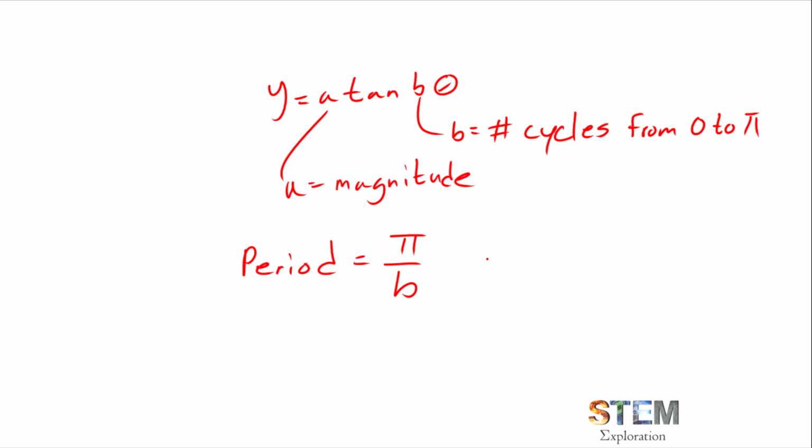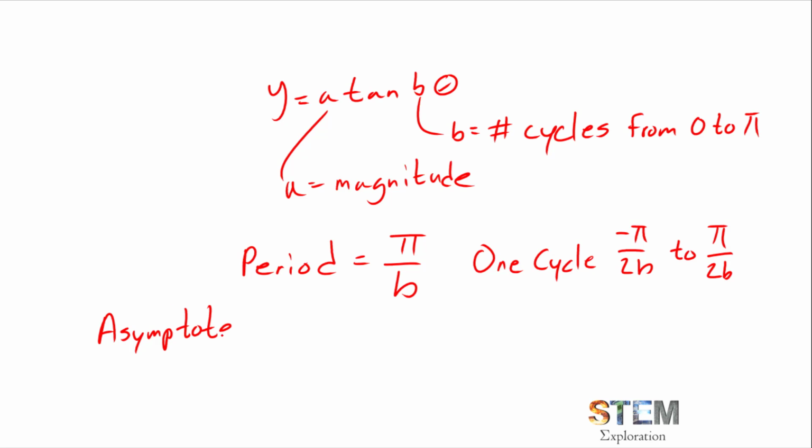And that one cycle for any tangent function will follow negative pi over 2b to pi over 2b. All right. And so I'm just kind of including all these for you so that if you're trying to draw these tangent functions, you have kind of the starting points of where to stop, where to end, and then your asymptotes follow the following formula.